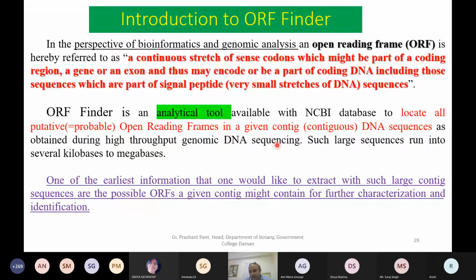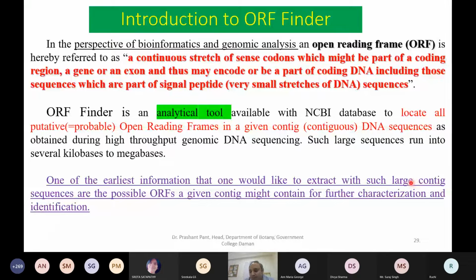Why? Because this is the earliest information that I would like to know: with such large contig sequences, what are the possible ORFs this particular contig might be containing, which might be useful for me.